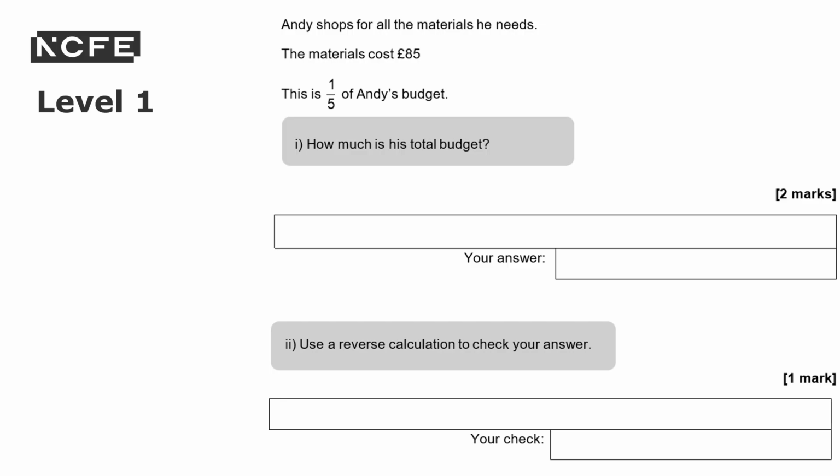Please, if you somehow manage to get your hands on our sample or mock or practice paper for level 1 and level 2, speak to your teacher before you go looking into those questions, because if they're going to set them as a timed mock, the best thing for you to do is to not look at those questions.